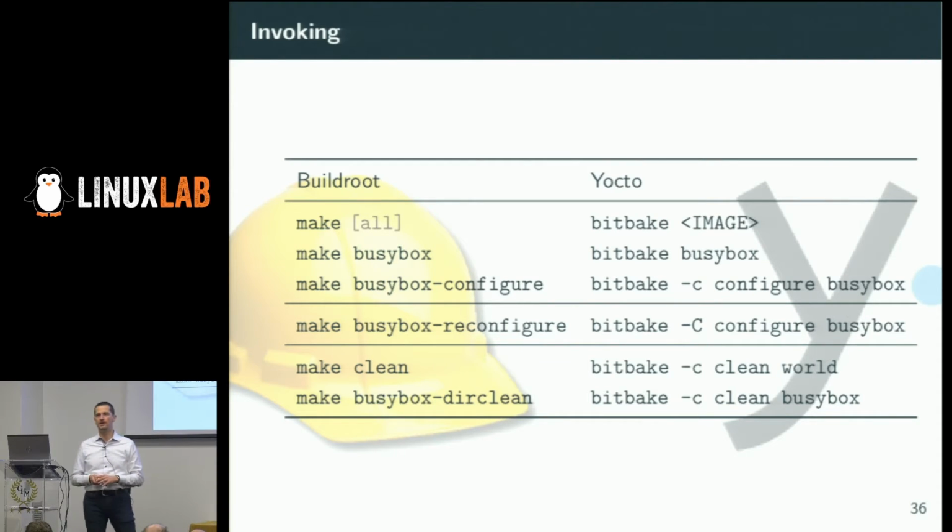It's actually fairly similar, except for the syntax. In BitBake, you have the -c option, which in Buildroot becomes dash name of the step. For the rest, it's pretty much the same. You can build everything until a package, or rebuild the package and whatever follows, and so on. You can clean everything. So nothing really super interesting here.